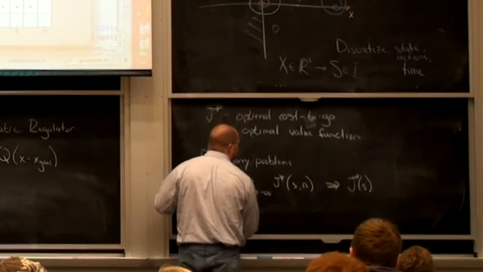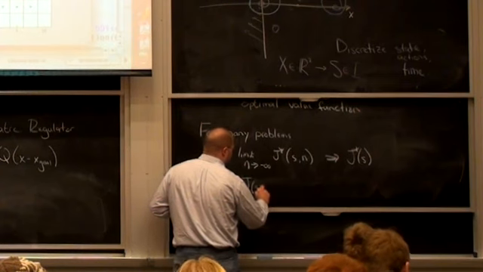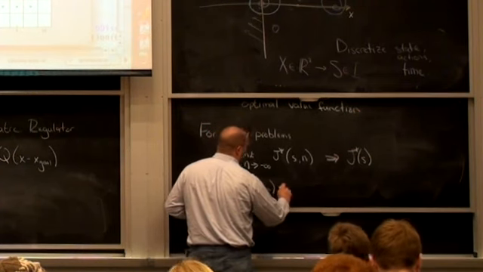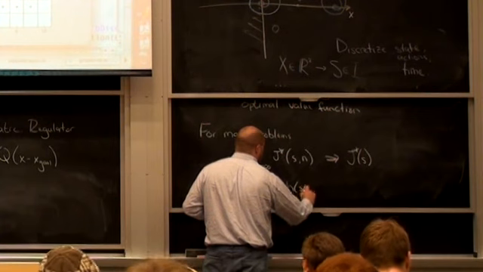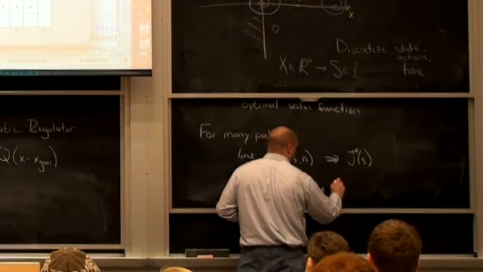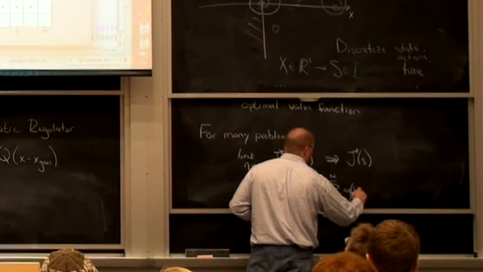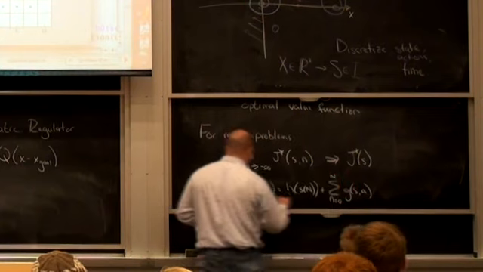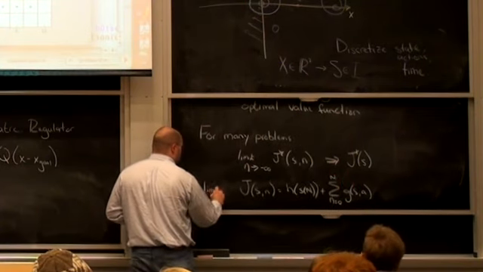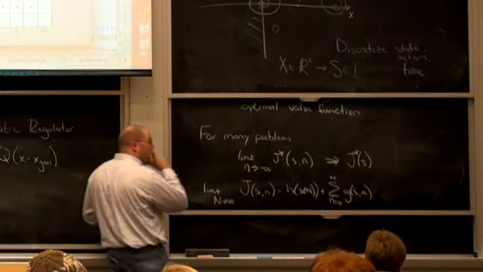Another way to think of this is that, right, I said Js of n is S of capital N. It's the limit of this as capital N goes to infinity, if you think of it in the forward way.